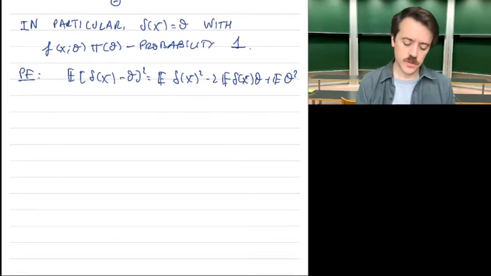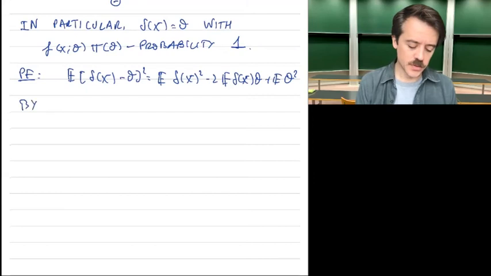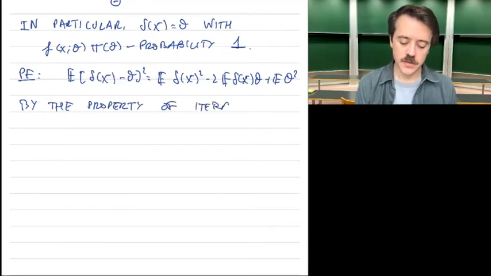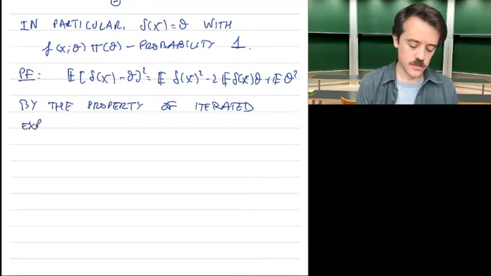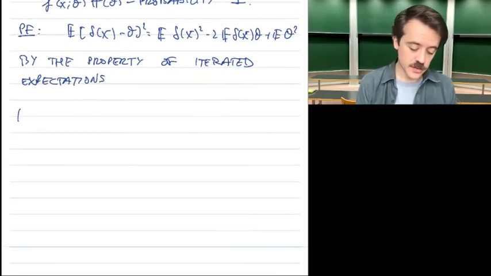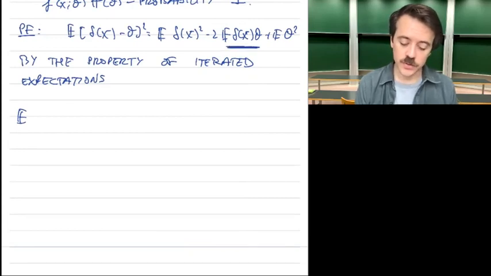So this property that I was mentioning, by the property of iterated expectations, what we get is that we want to understand this guy.